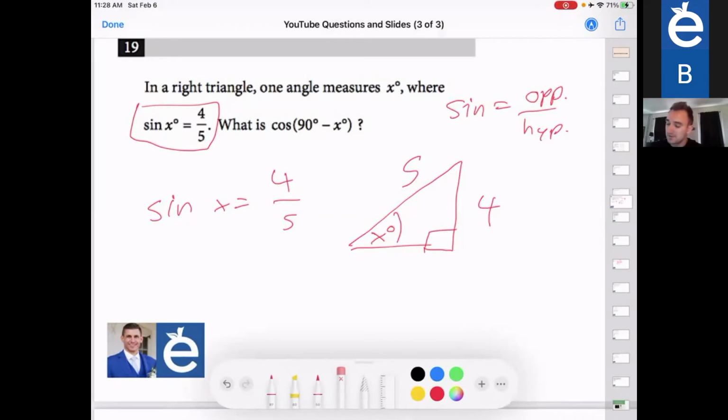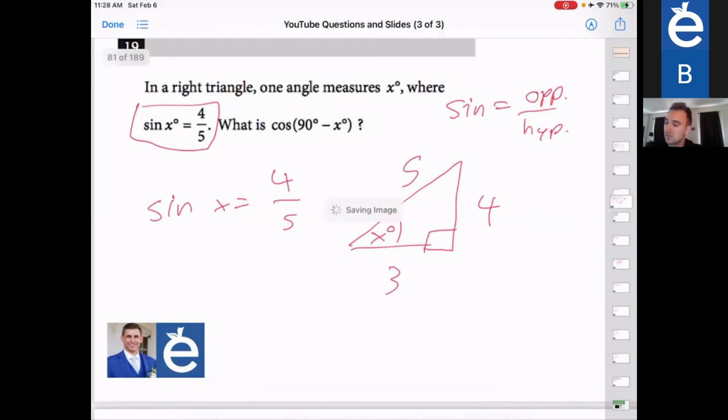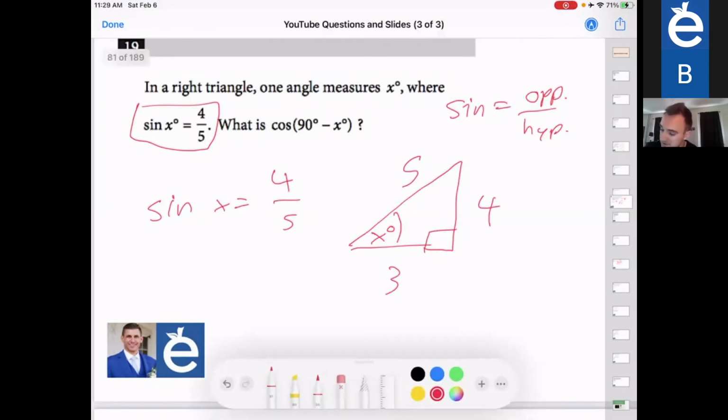If I want to complete all the sides of my triangle, this stands out to me as a 3, 4, 5 right triangle. So this is 3 here. But what I really need to do is find out what this angle x is.